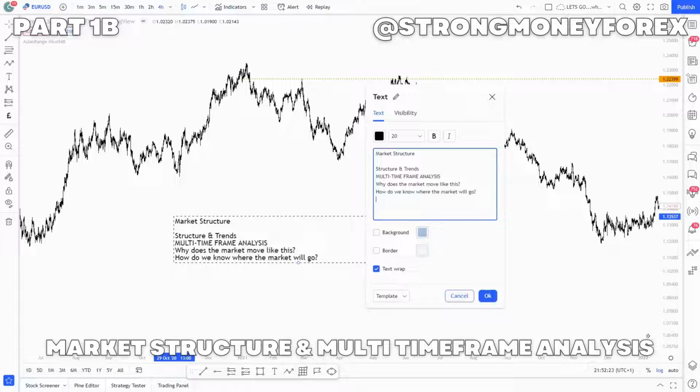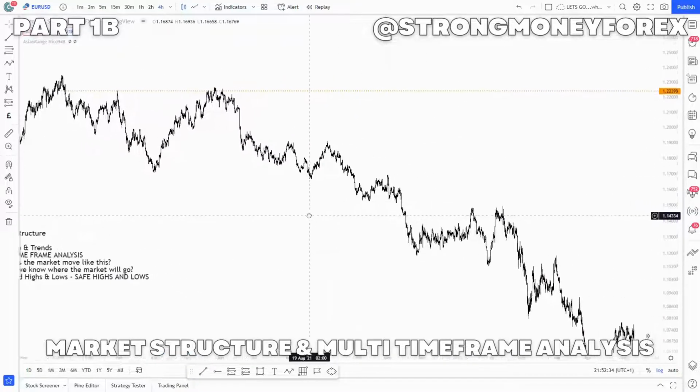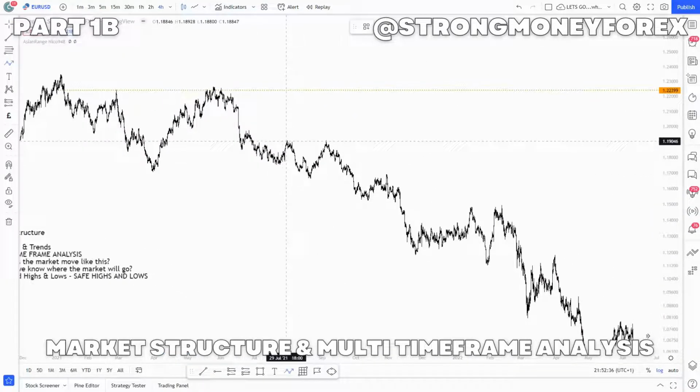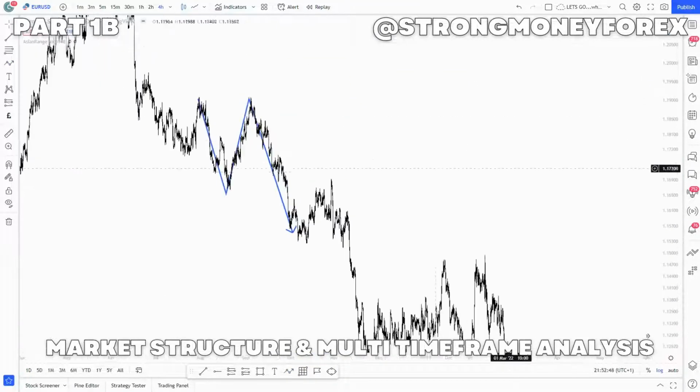Now, one of the key things that I use in my trading quite a lot is what's called protected highs and lows, or safe highs and lows, however you want to look at it. To me, what indicates a safe high is when we've created a new low. Let me just draw this out for you quickly.